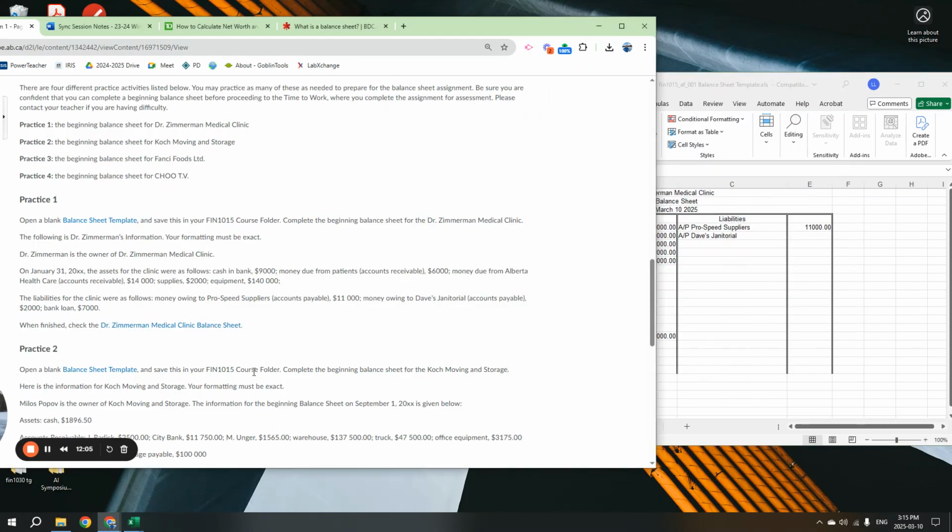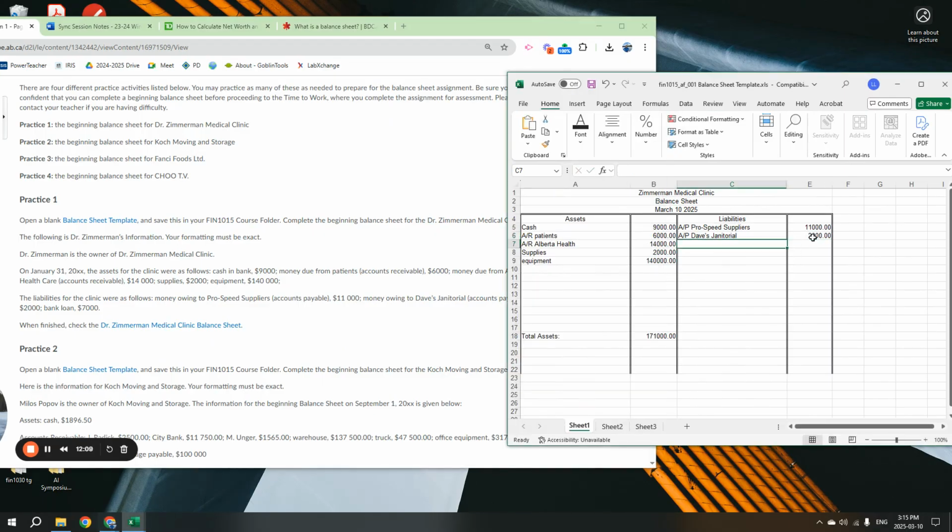How much is that? $2,000. And then bank loan, $7,000, right? So now we can say total liabilities. So again, equals the sum of everything above it. So we can just drag and select, hit enter, $20,000.